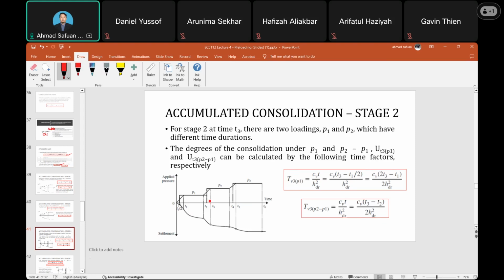So that is for the Tv3 P1. Then for the other Tv3 P2 minus P1, it is T3 minus T2 over 2 H_dr squared. So that is for the Tv3 P2 minus P1.